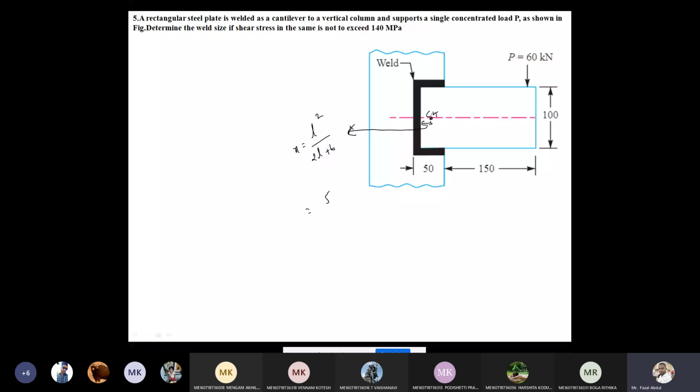L is the length of the weld, 50 square by 2 into 50 plus b. b is nothing but width of the weld. How much width of the weld? The width of the weld is equal to the width of the plate. That is 100 mm. Now tell me the x value, how much?